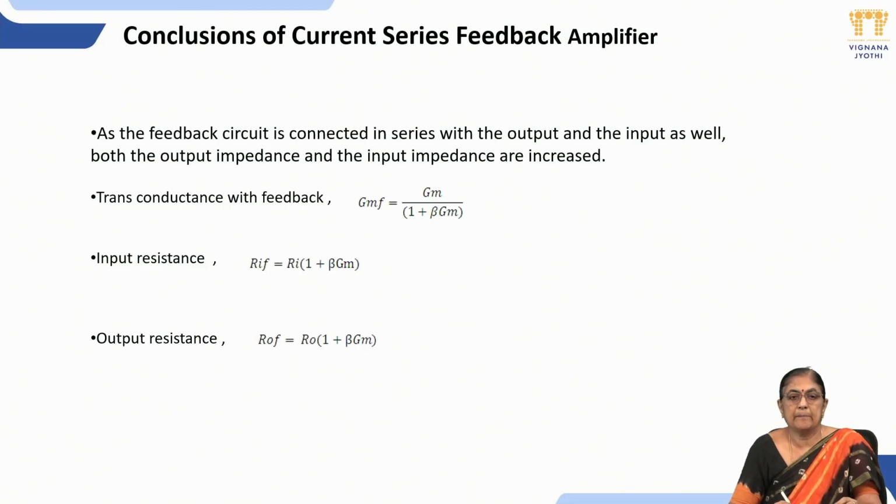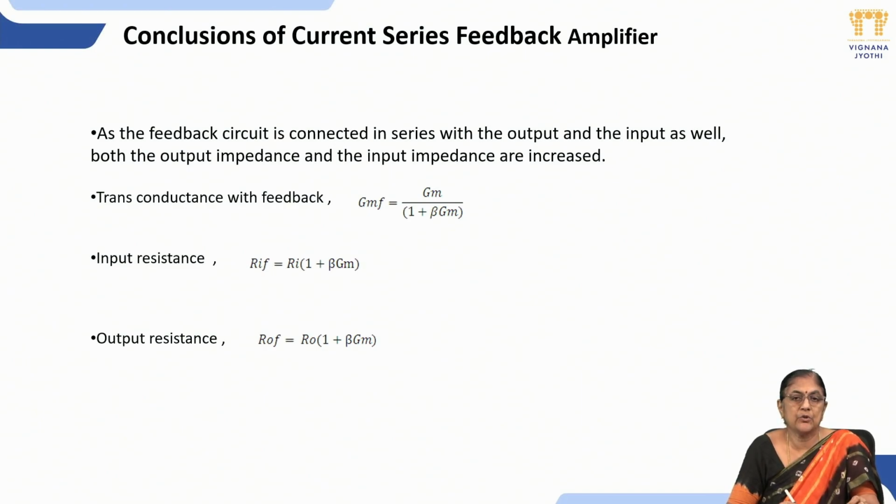In current series feedback amplifier, feedback circuit is connected in series with the input and output because the type of sampler used in current series feedback amplifier is current sampler. In current sampler, input terminals of the feedback network is connected in series to output terminals of the basic amplifier.